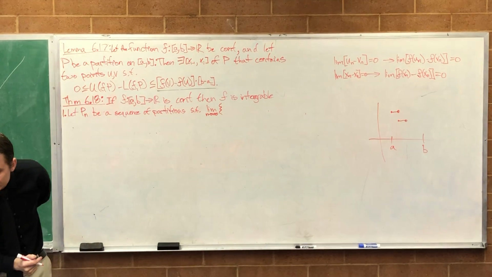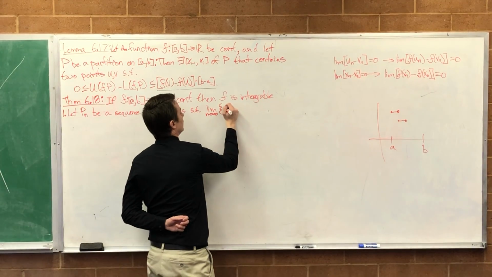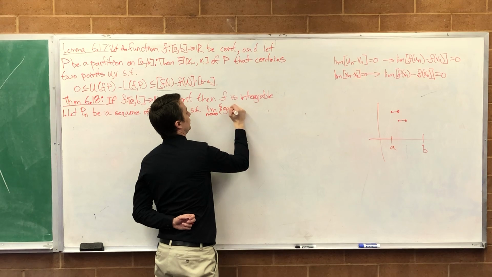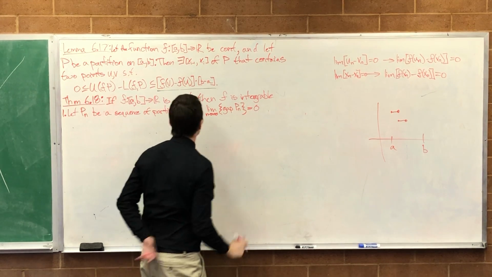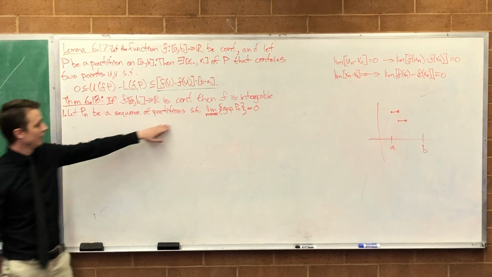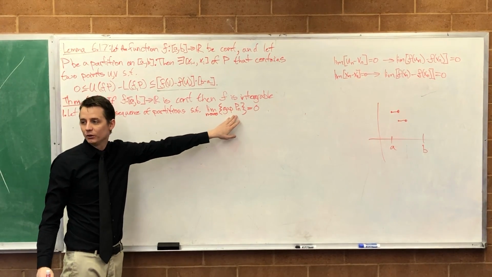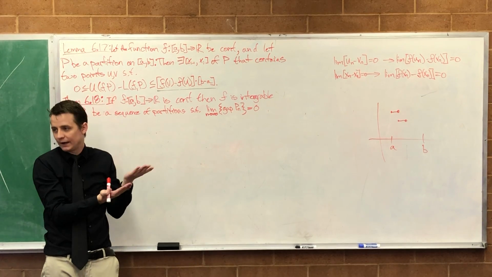Did we define gap as an operation? So I guess we did. Gap of Pn is equal to 0. So Pn, sequence of partitions, as n goes to infinity, all we know is that we picked some sequence of partitions where the gap goes to 0.